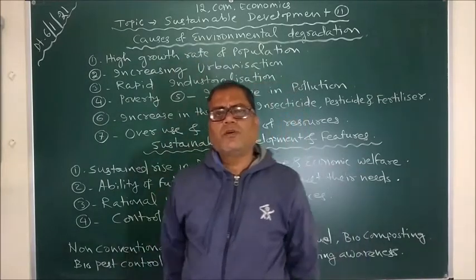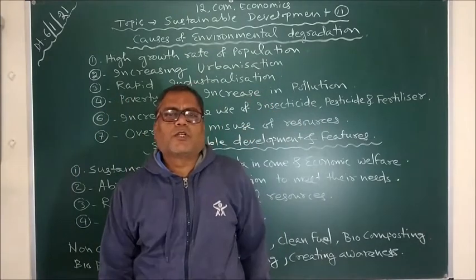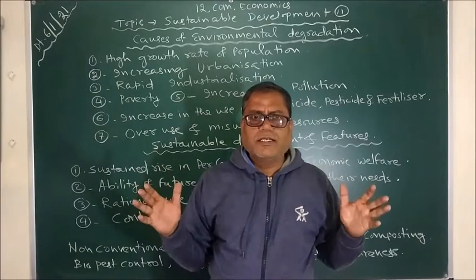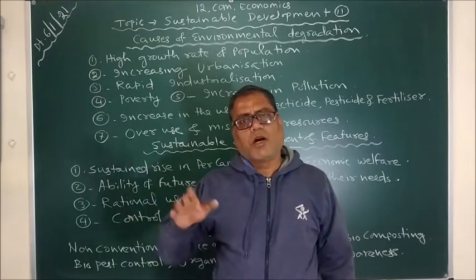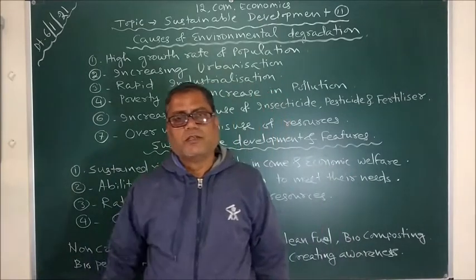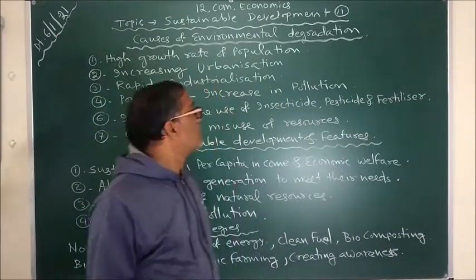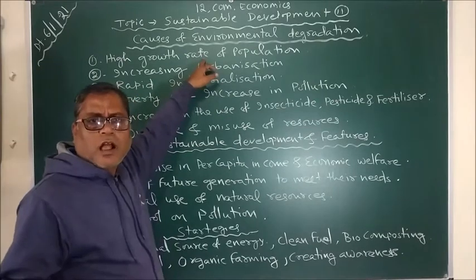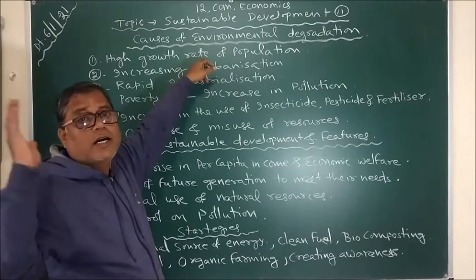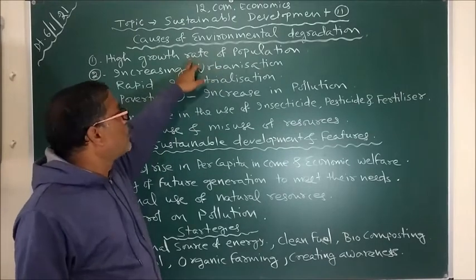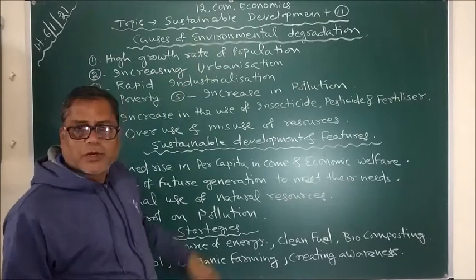When population grows, we need more food, but unfortunately the cultivable land area is quite fixed in nature, and if we want to grow more, then we have to cut forest, which is another cause of environmental degradation. More urbanization and more industrialization are the indirect result of a high rate of population growth. Hence, a high rate of population growth is the foremost reason of environmental degradation.